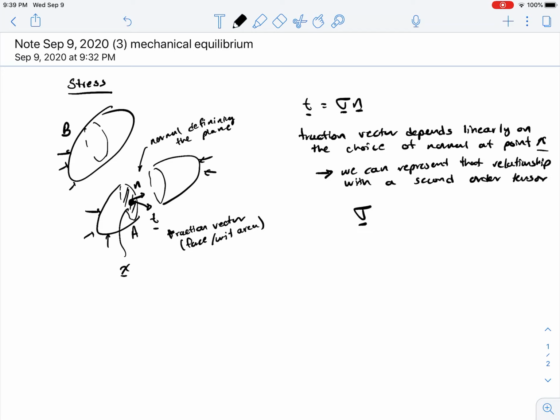So this sigma is a second order tensor. That's the Cauchy stress tensor, or true stress. Obviously in 3D, this can be represented as a set of components forming a 3x3 matrix, or in 2D, a 2x2 matrix.